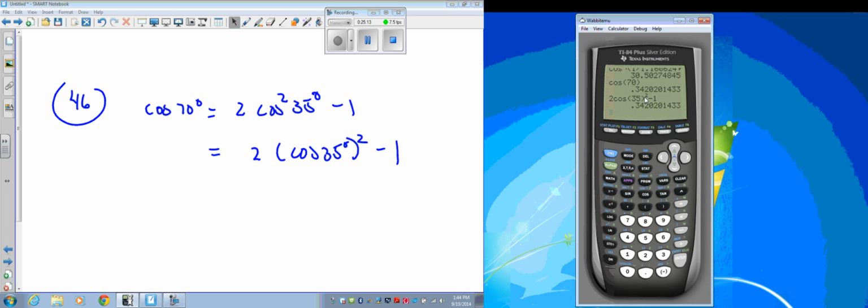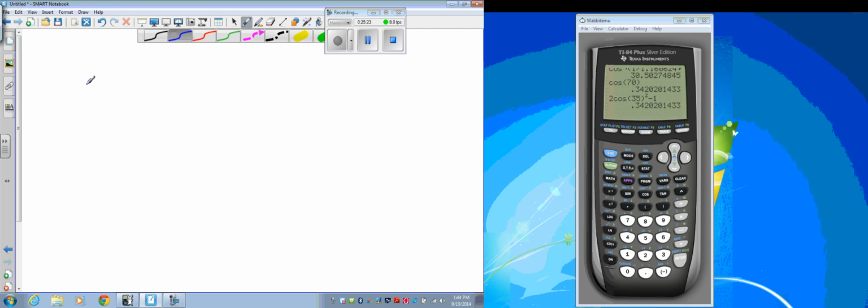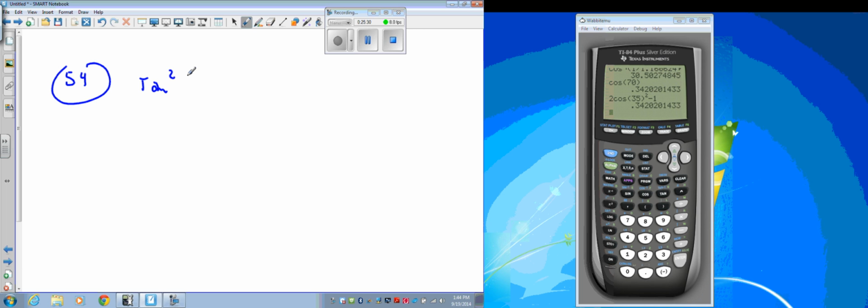Let's go down and look at 54. Tangent squared 72.25 plus 1 equals secant squared 72.25.